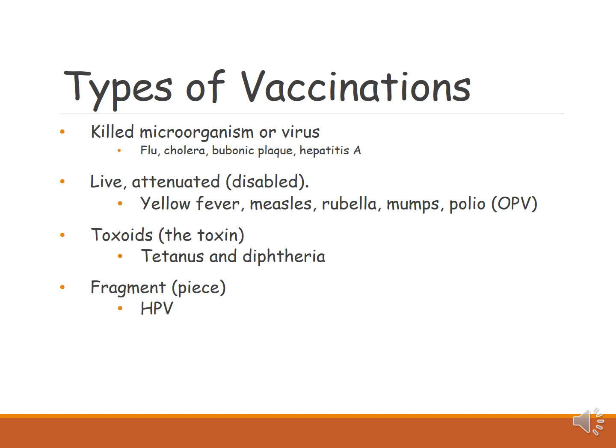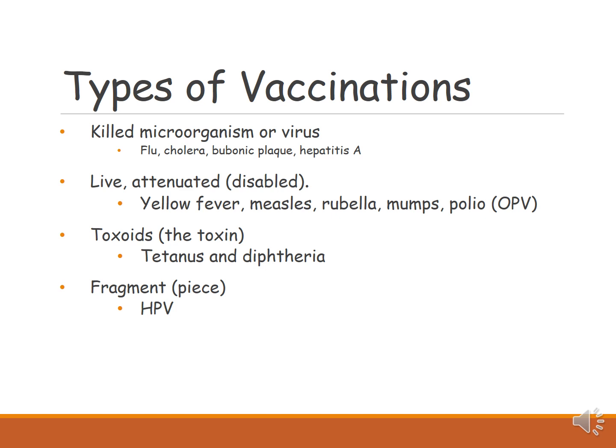The vaccine may consist of a killed bacteria or virus. This is what is used for flu, cholera, bubonic plague, and hepatitis A vaccines. The organism may be live but weakened. So this is what is involved in yellow fever. Right, I have to say them in this order: measles, mumps, rubella.